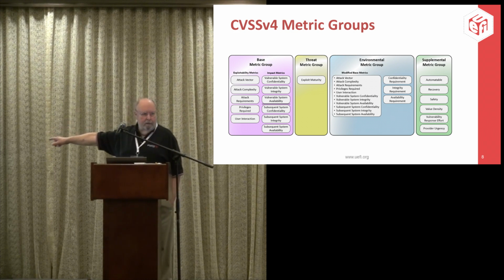The end user gets to take the information that you provided, and essentially this is a duplicate of the purple, but they do it from the perspective of my company, my situation, my involvement, and their value in here may be different than yours, the nuclear power plant versus the cafeteria menu. They may have a different viewpoint on these things. So they get an opportunity essentially to modify the score to indicate their environment.